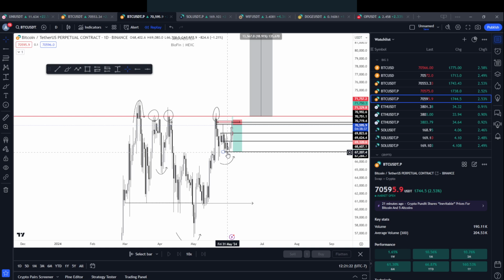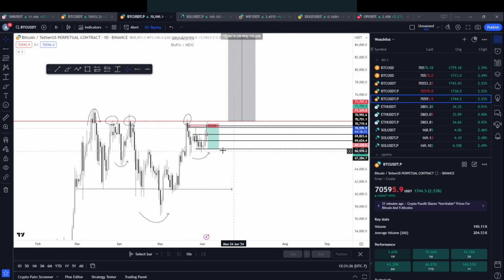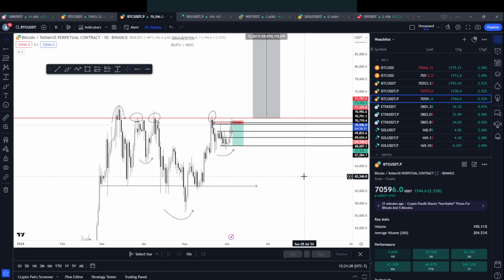Yeah, we dipped down to 66.7. Right, so it was a lagging indicator, but now we're pretty neutral. This is fine. It's a $10 difference. So anything can happen here, and my bet is to the upside.